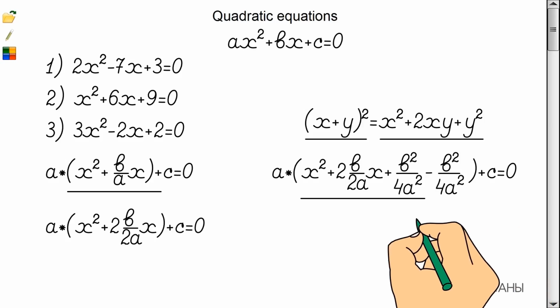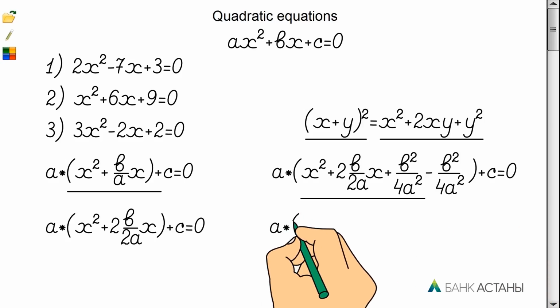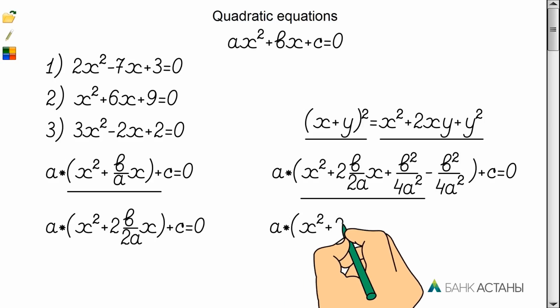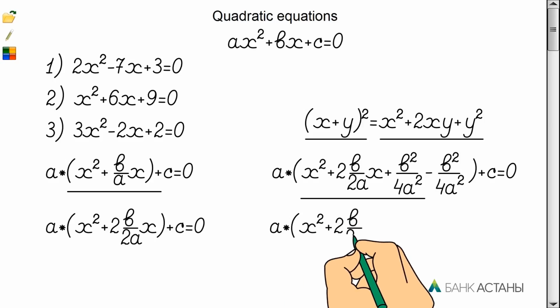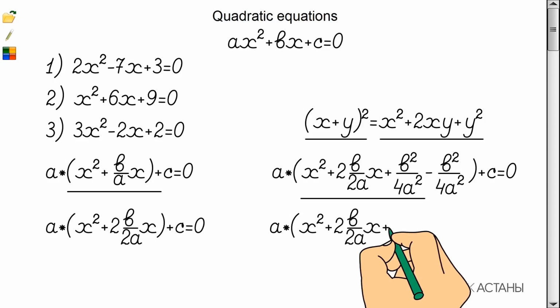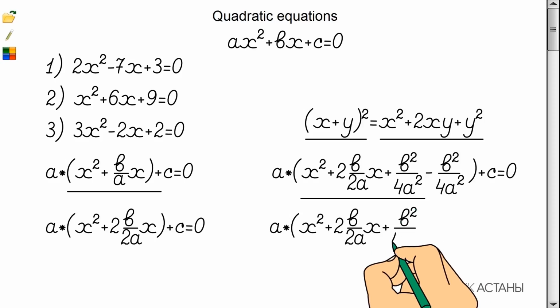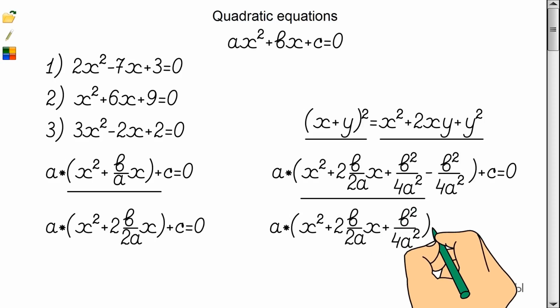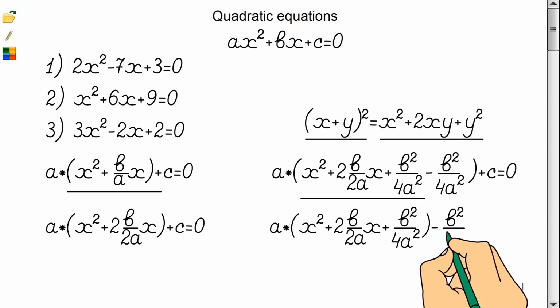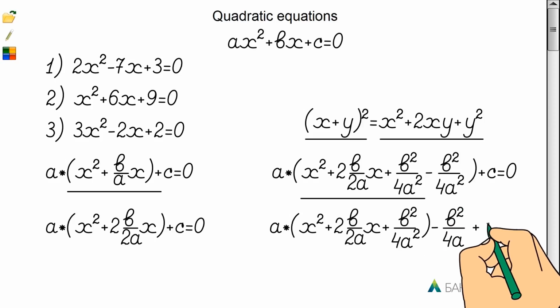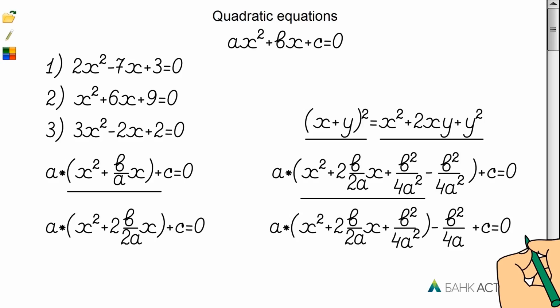Then we get a(x² + 2·(b/2a)·x + b²/4a²) − b²/4a + c = 0.